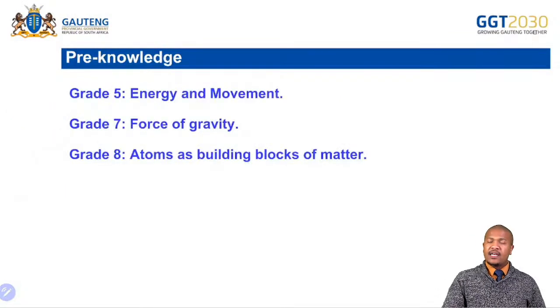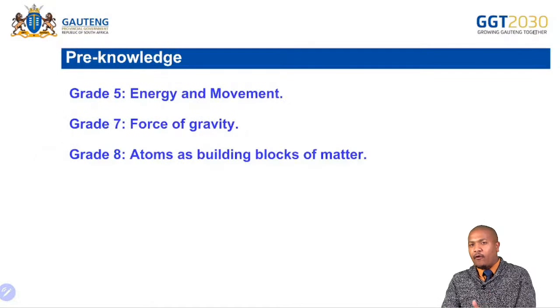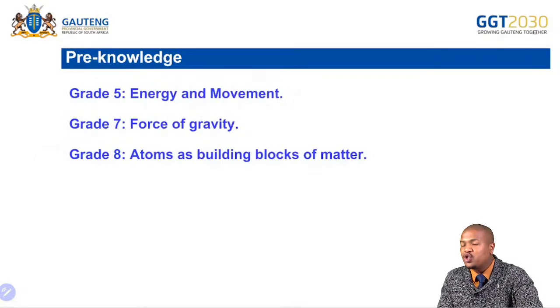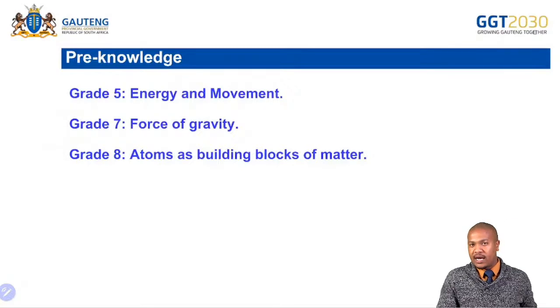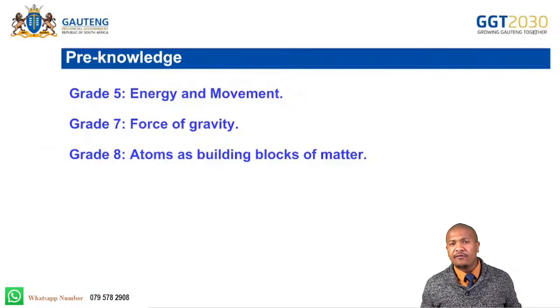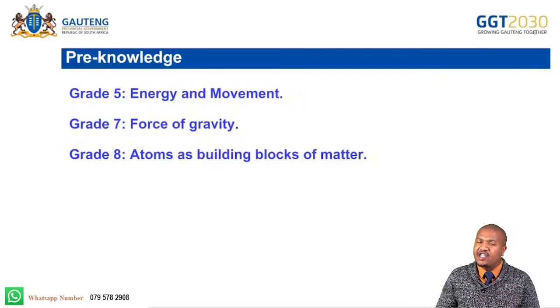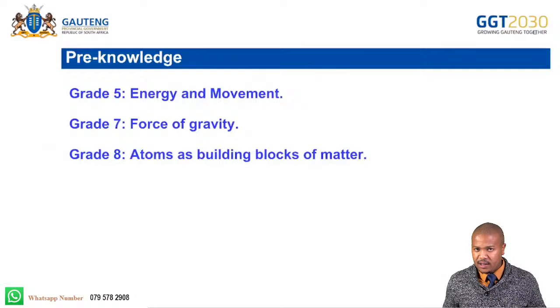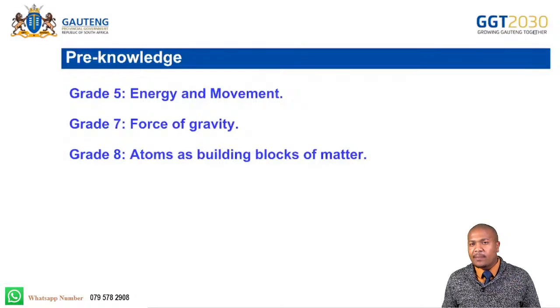Now let's look at what we have done before, because in order for us to know where we are going, we need to know where we come from. Looking at our pre-knowledge, in grade 5 we discussed energy and movement. Then in grade 7, we talked about the force of gravity, which is also an example of a non-contact force.